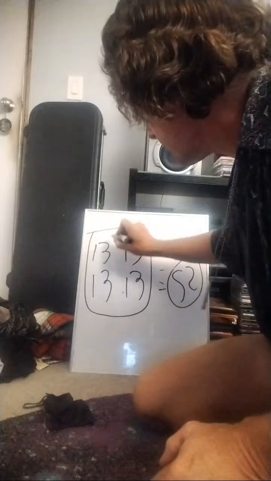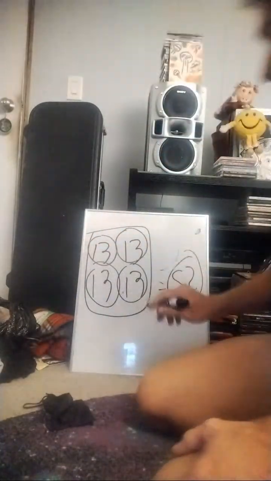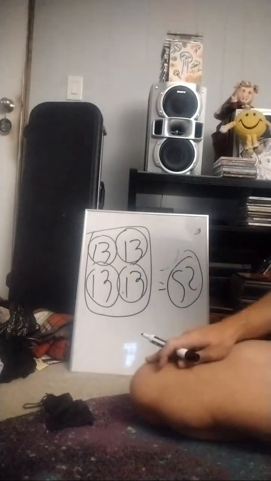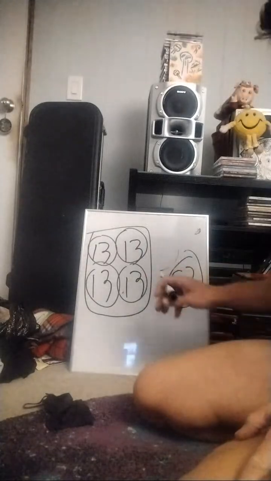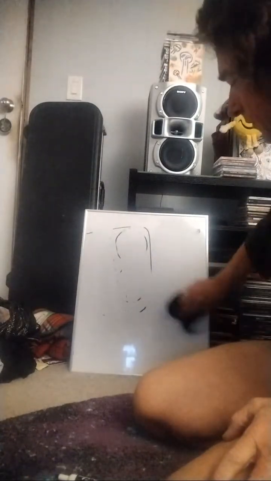So you have 4 13s in a square pattern. And 13 plus 13 plus 13 plus 13 is 52, the number of cards in a deck of playing cards. A lot of people know that, I think. They can figure that out, and oh, isn't that cool?